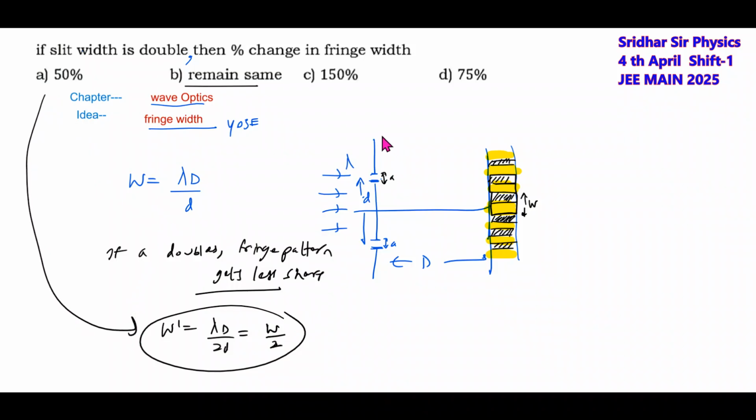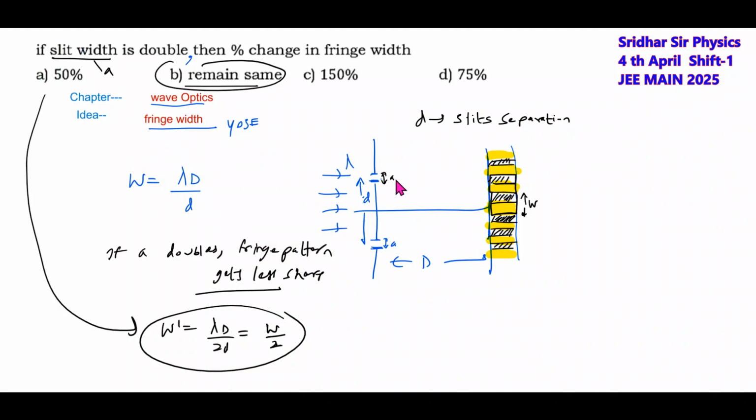It's talking about slit width, which means A here. So then this should be the option. I think I'm not confusing you. Slit separation is different, and slit width is different. Slit separation is D. What is D? D is the slit separation.